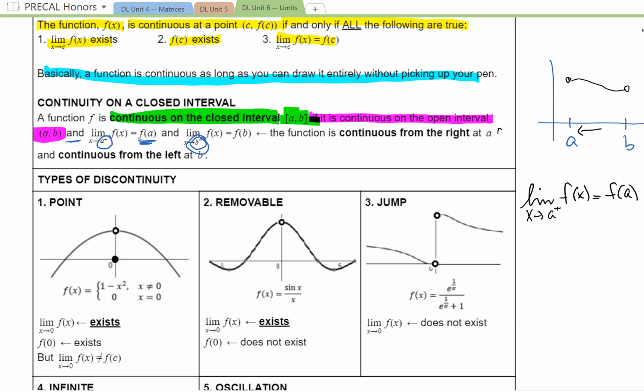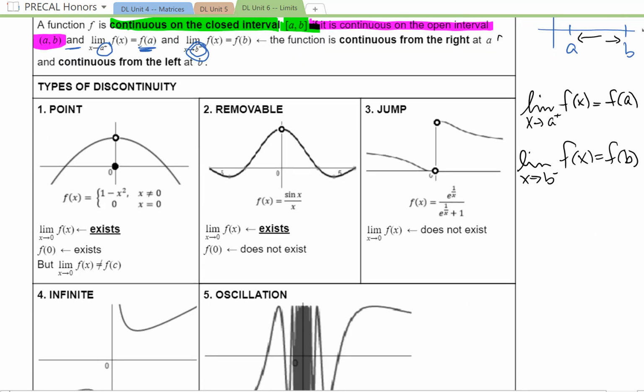Okay, so as we're approaching a from the right, the limit must be f of a. All right. The limit as x approaches b from the left must be equal to f of b. Okay, that gives us continuity on a closed interval.